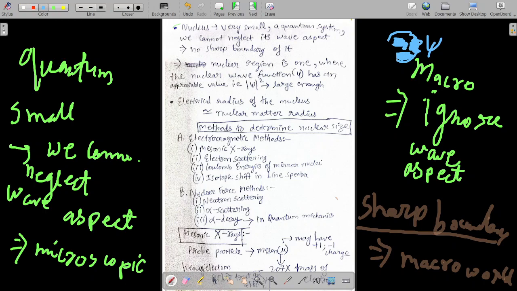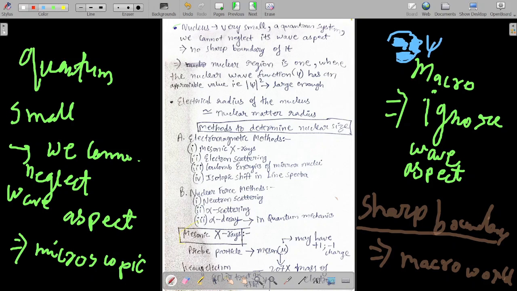So let's look at mesonic X-rays. In mesonic X-rays, the probe particle is the meson.